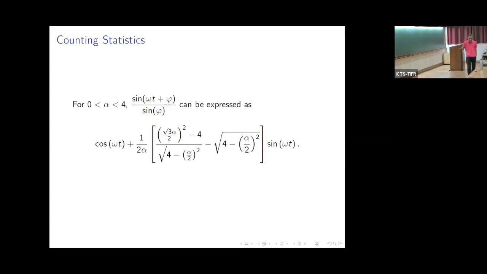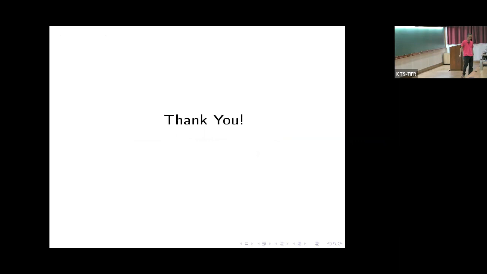But there may be some evidence of this in higher order statistics that we are still trying to figure out. And it should also be possible to obtain the complete solution of the generalized Fokker-Planck equation from the consideration of these probability densities that we have obtained. So thank you.